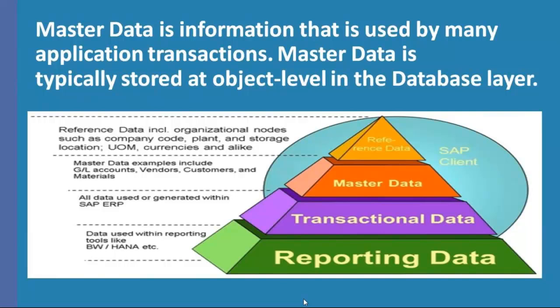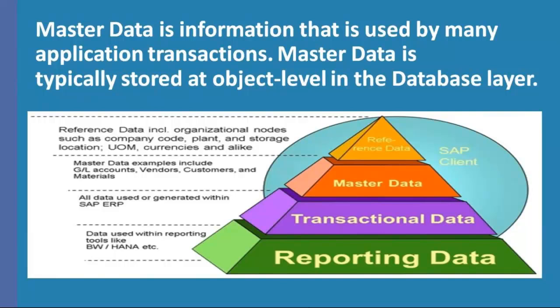Master data as usual, like customer, vendor, material, finance, etc. And then the reference data. Reference data means payment method, payment terms, unit of measure, material type, currencies. So these are all different reference data. These are all different types of master data structures we have, and all are supported by MDG.